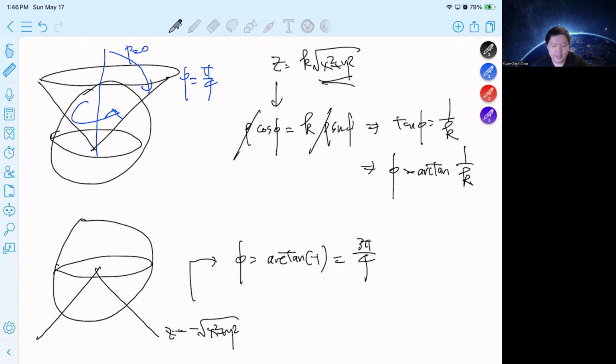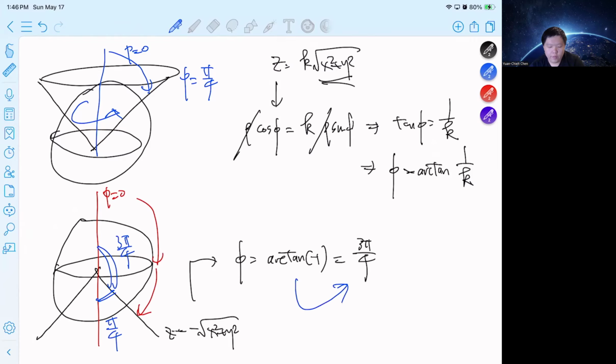Since it's the whole circle, you can see that again, this is phi from 0, and we already know that this is pi over 4. So the remaining one is 3 pi over 4. Or you can use the inverse trick. Usually the whole sphere is too easy probably, but we need to check what if we have a different kind of sphere.